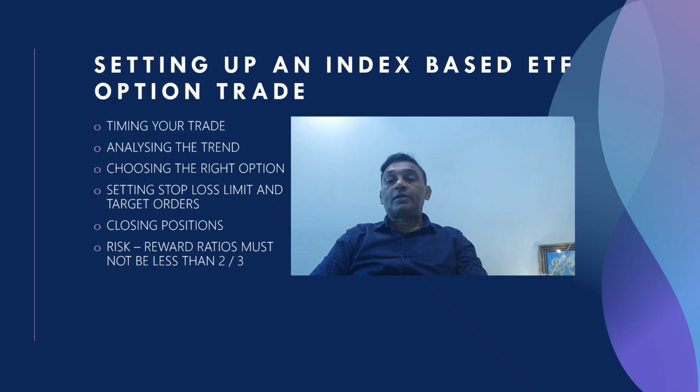So the expiry date could be either the next day or anywhere during the week, or at the most a week later. So that's how we trade simple calls, puts, covered calls in a day trade to make some fast money during the day, but with all precautions as outlined during our video presentation today.